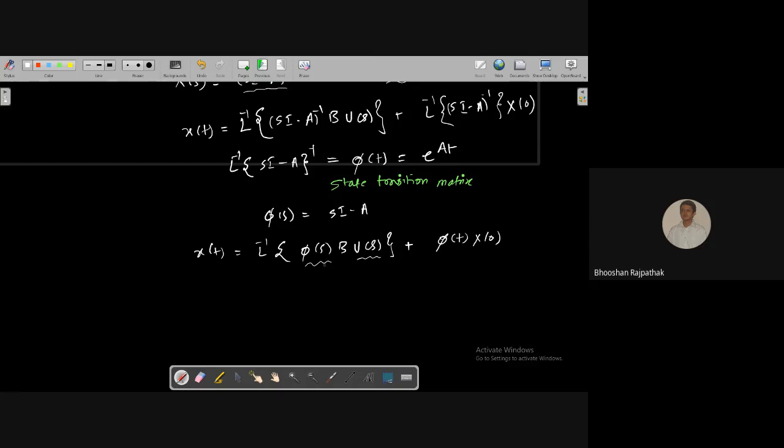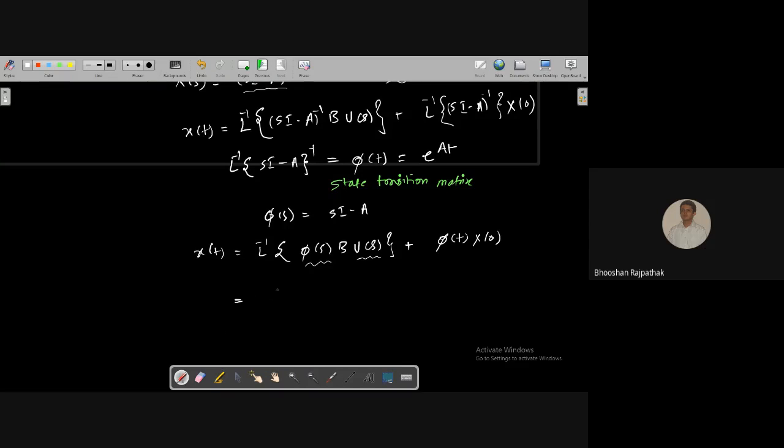If you have this U(s) and phi(s), and you are taking Laplace inverse, that means multiplication in s domain. Multiplication in s domain will result in convolution in time domain. That is the property of Laplace.